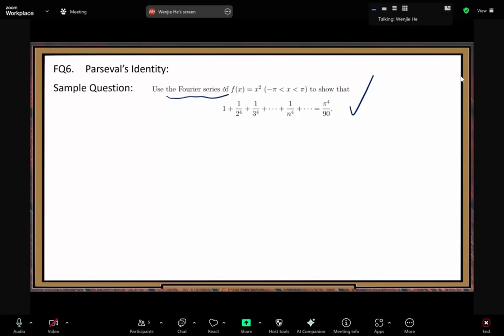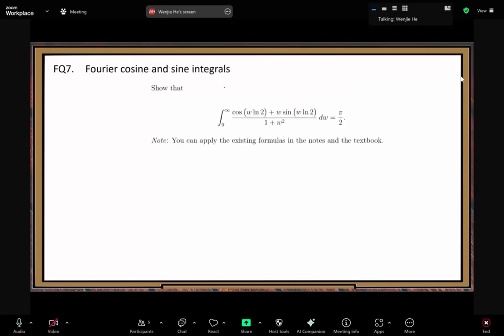Then the next one, I want you to calculate another Fourier cosine or sine integral. But for this question, because in our notes and the textbook we have the formulas, we just find the formula, choose appropriate numbers, and we can find this one. But in the final, I want to choose an example for which we do not have existing formulas.